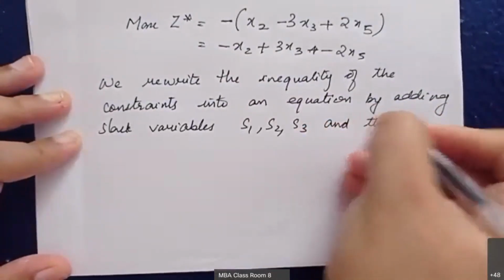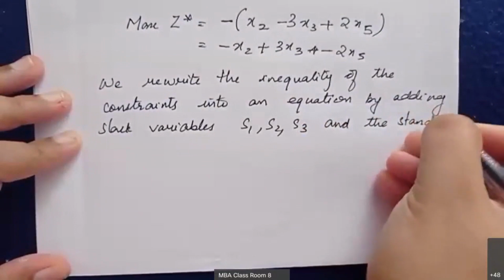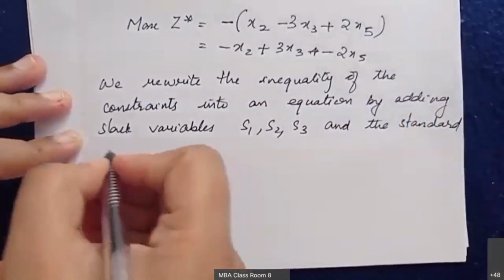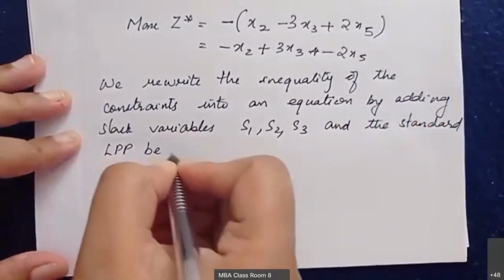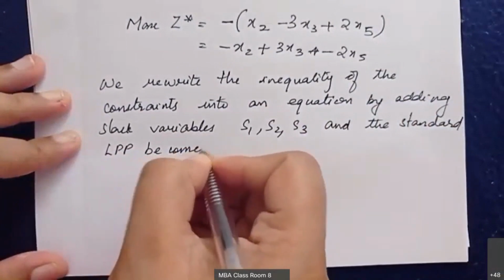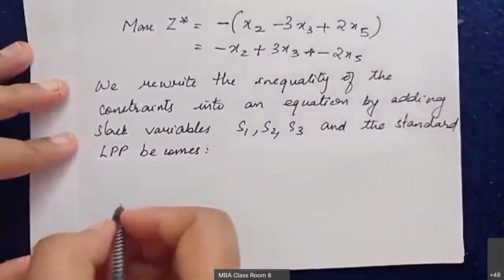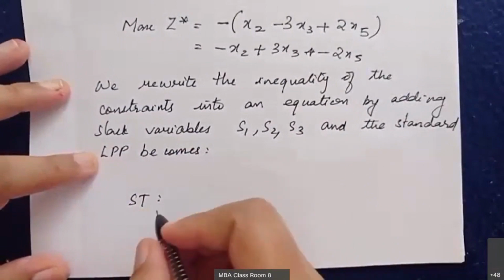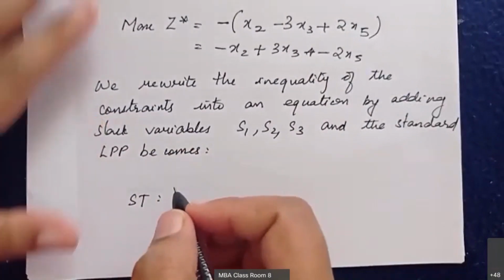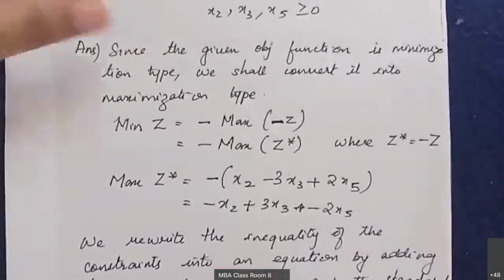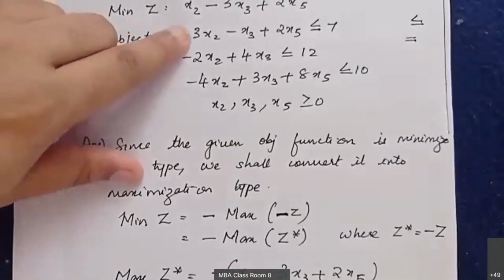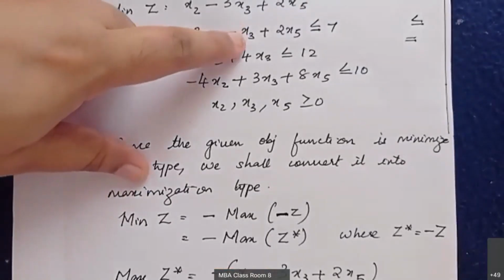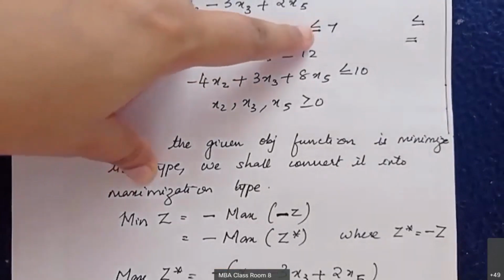And the standard LPP becomes, subject to constraints. I'm going to start from there. Subject to constraints. The first constraint was, over here you have the first constraint. This is the first constraint: 3x2 minus x3 plus 2x5 is less than or equal to 7.